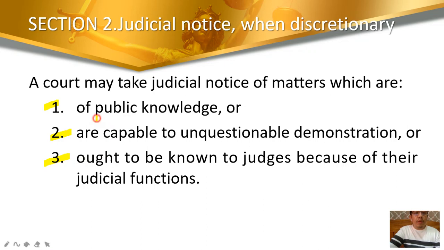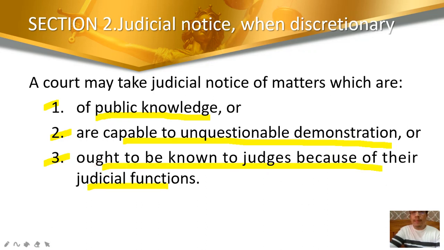Example of number 1, public knowledge, is the location of a certain hospital in a certain locality. Example of number 2 is the fact that a poison kills. Then example of number 3 is the procedure that has to be followed in posting a bond or bail bond.